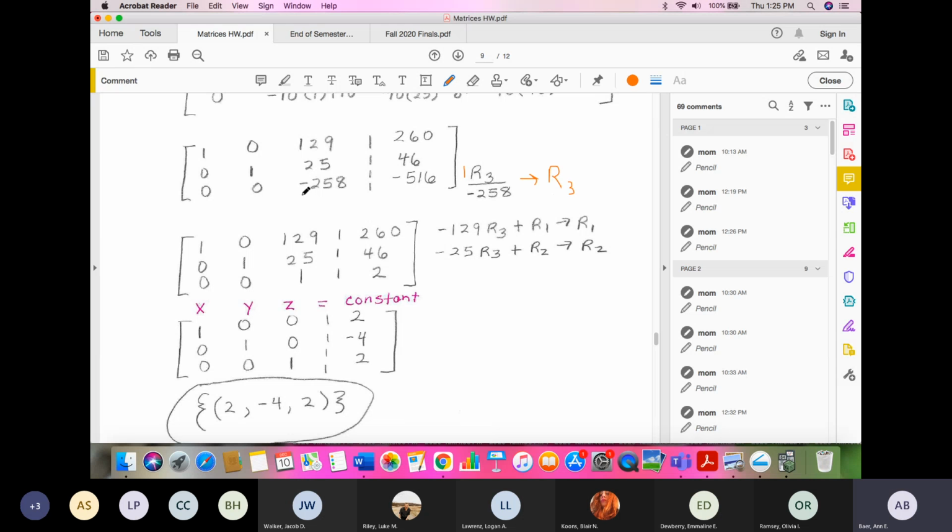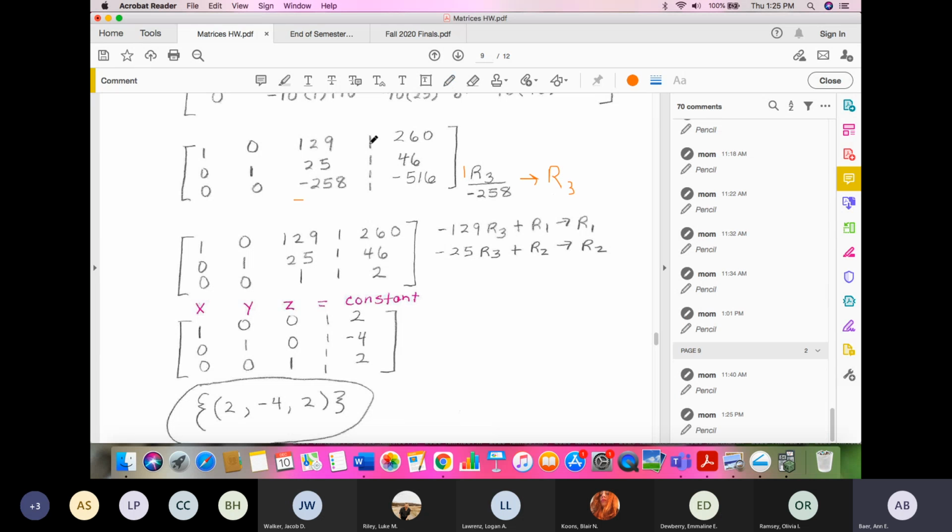This is really negative 258 over 1. I'll just write it off to the side here in orange. The reciprocal means you just flip over the fraction.